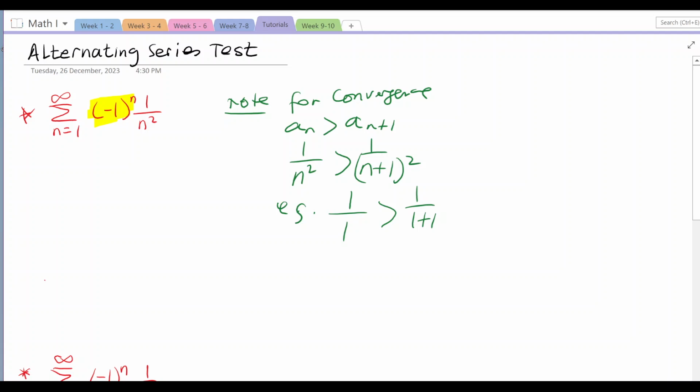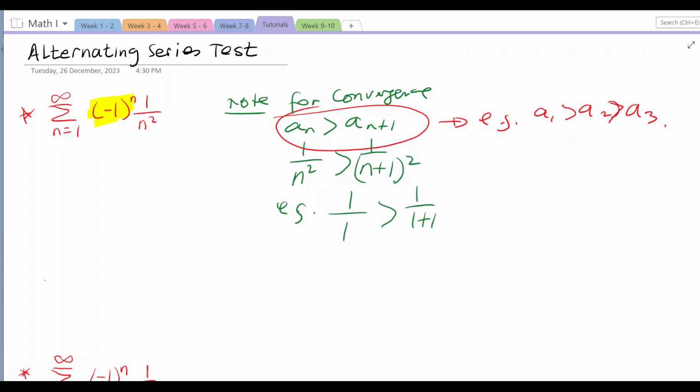So for example, a1 greater than a2, greater than a3, something like that. If you use n equals 1, for example, 1 is greater than the next term. So in that case, yes, it is decreasing.